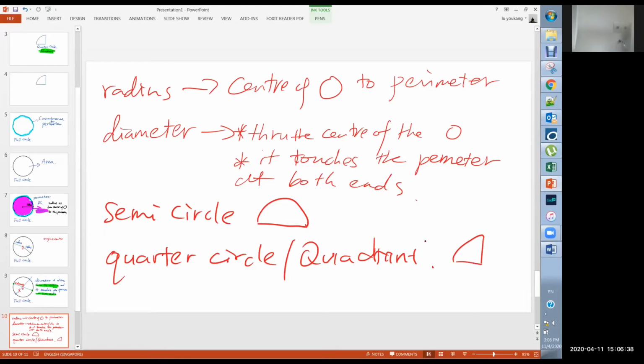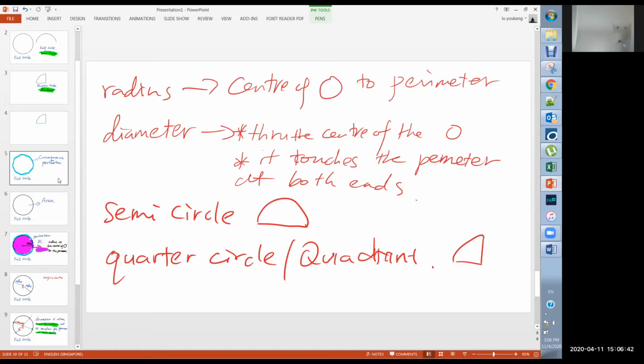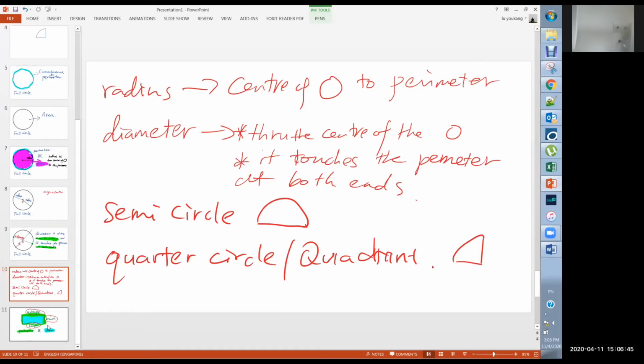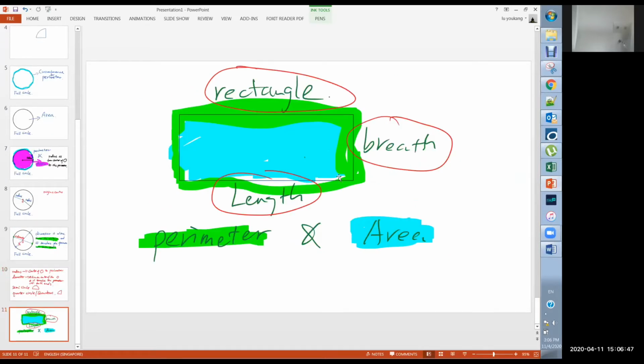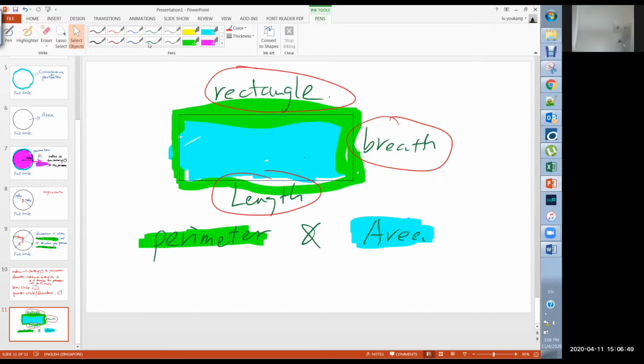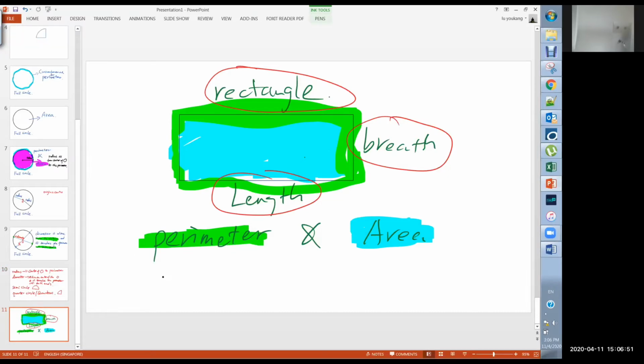Okay. So then, here's my rectangle. Good. So how do you find the perimeter of a rectangle? What's the formula? I want the complete one.